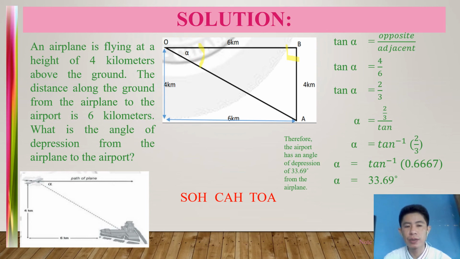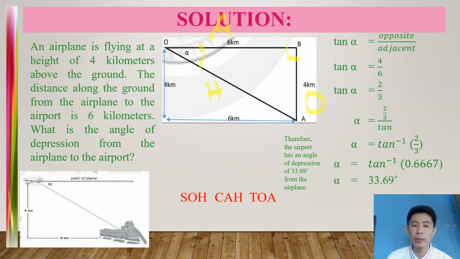So this would be the angle of reference, or the reference angle. If this is the reference angle, this would be the opposite side, and this would be the adjacent side. The hypotenuse has no given at all.